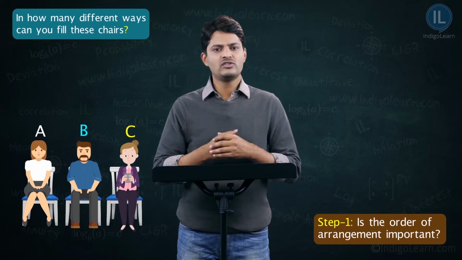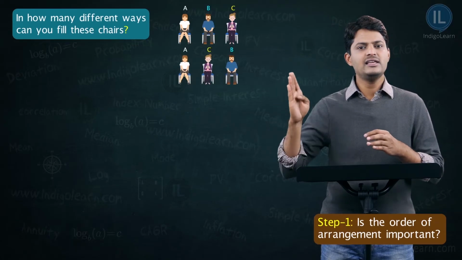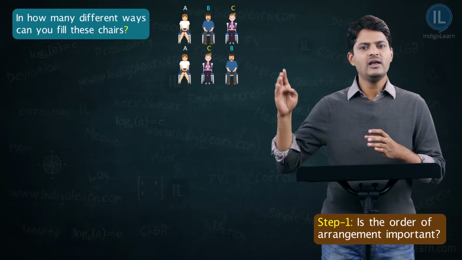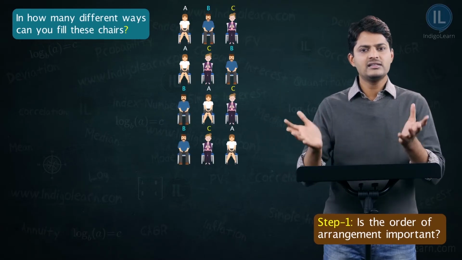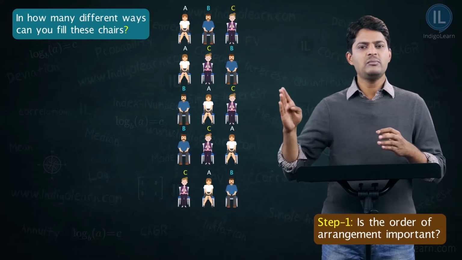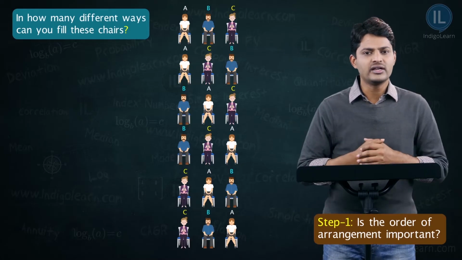You have to ask yourself whether A, B, C and A, C, B are the same or different. Similarly, are B, A, C and B, C, A the same or different? Similarly, are C, A, B and C, B, A the same or different?